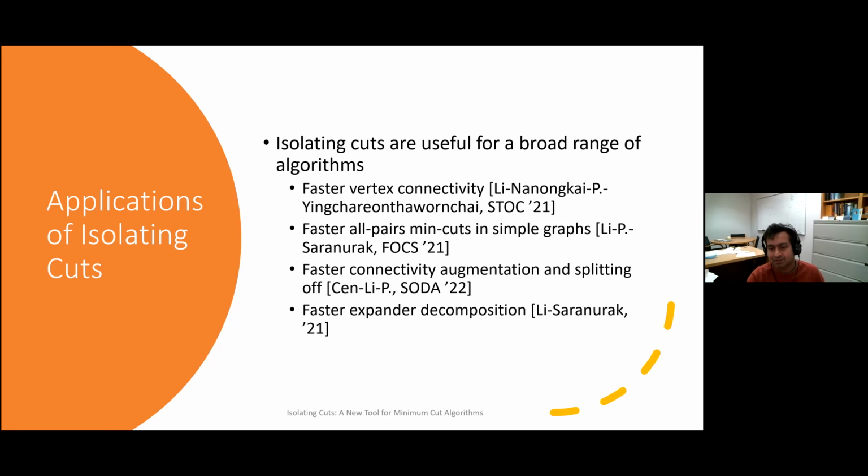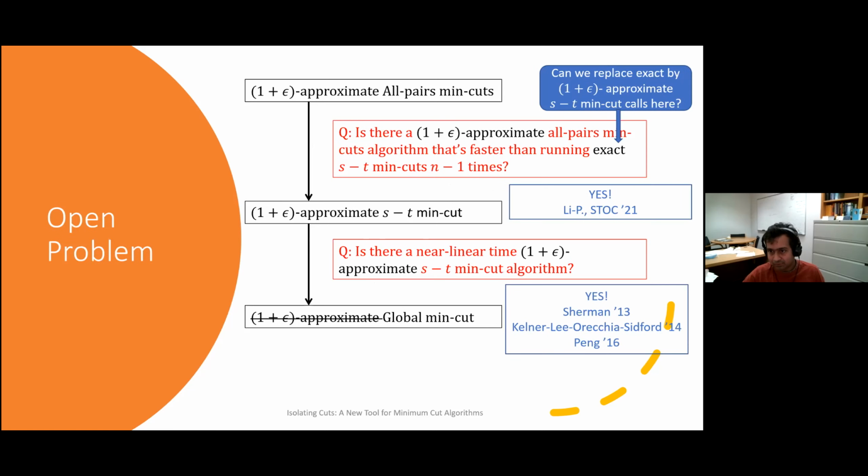Of course, these individual results require other ingredients. It's not just a straightforward use of isolating cuts, but one of the main ingredients that drives these algorithms is indeed isolating cuts.